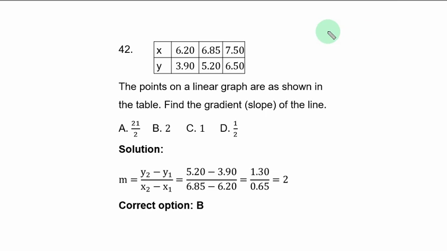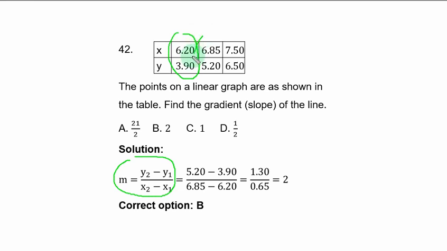Question 42. The points on a linear graph are as shown in the table. Find the gradient slope of the line. Gradient is computed using this formula, so you can take this one as the first coordinate, where S1 is 6.2 and Y1 is 3.9.